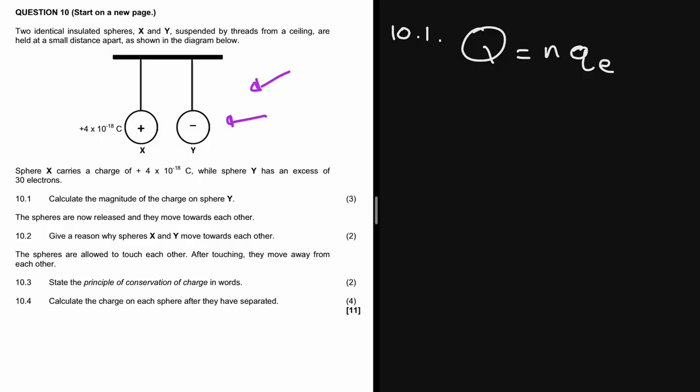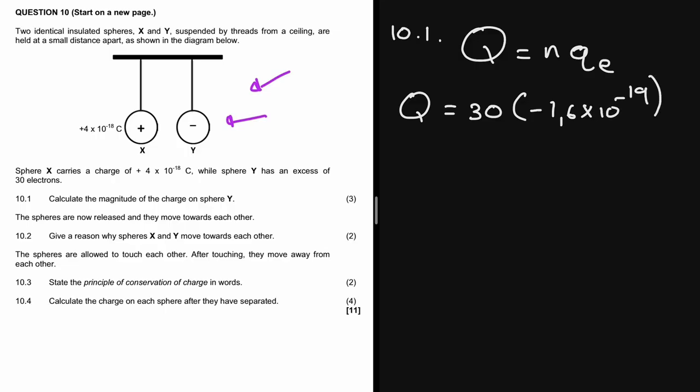For you to substitute, the number of electrons is 30, and the charge of one electron is a constant. You can find that on your formula sheet, and you will see that it is negative 1.6 times 10 to the power of negative 19.